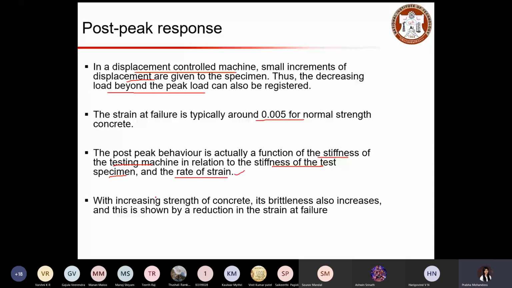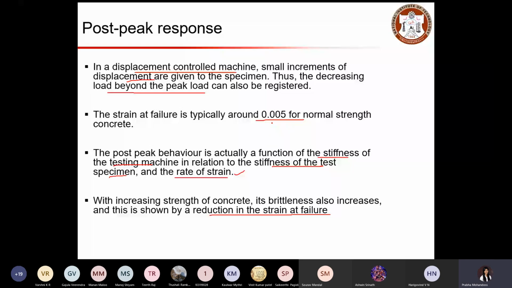With increasing strength of concrete, brittleness also increases, and this is shown by reduction in the strain at failure. This is what I meant here. This 0.005 strain will be captured for normal strength concrete, and this strain will be reduced when you increase the strength of concrete. So for high performance concrete, the strain will not reach about 0.005 as in the case of normal strength concrete.